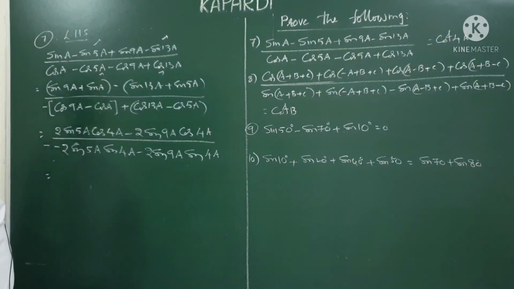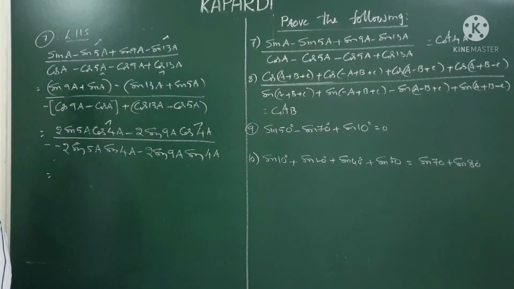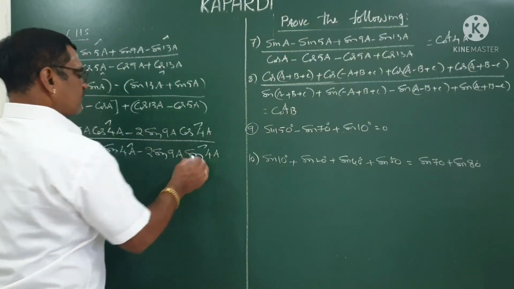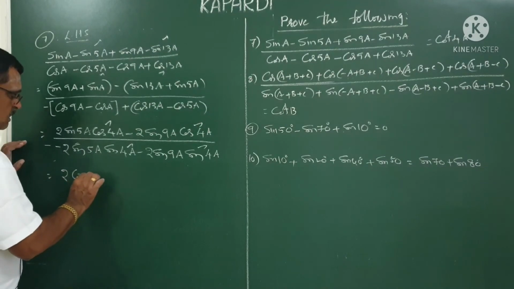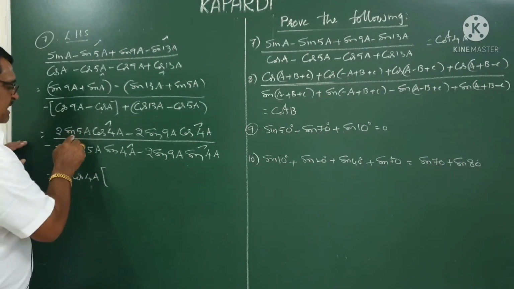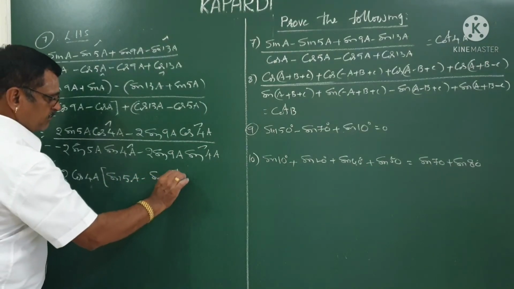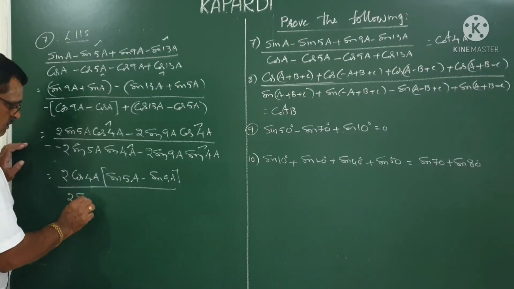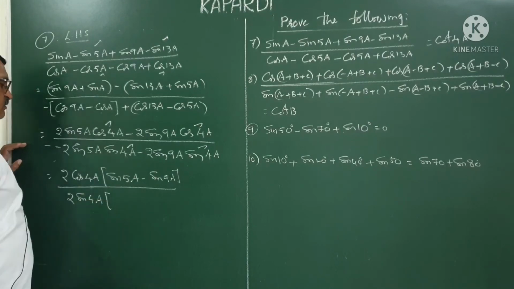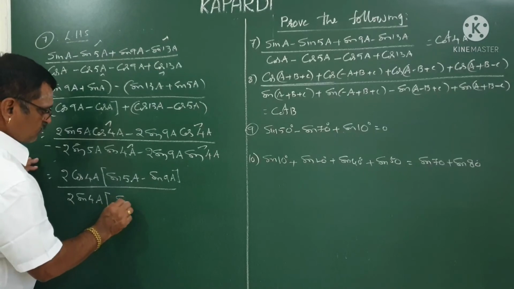Now try to take anything common from this one. Yes, cos 4a I can take common, sin 4a I can take common. So take 2 cos 4a, then I will get sin 5a minus sin 9a upon, here I will take minus minus plus, I am taking 2 sin 4a common, so I will get sin 5a minus sin 9a.